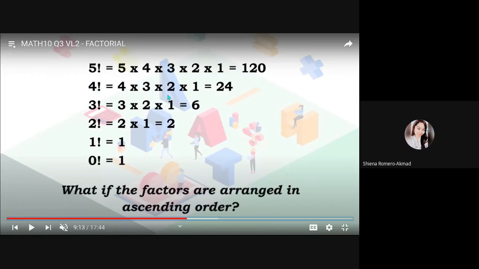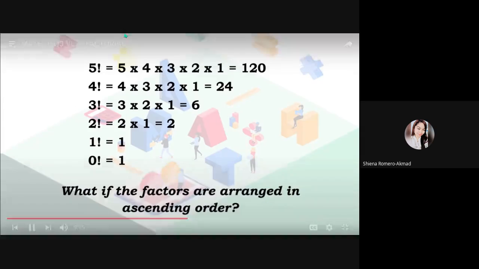Kunwari nauna si 1, si 2, si 3, si 4, si 5. Kunwari pinaliktad ko, naging 1 times 2 times 3. What is the product of 1 times 2 times 3? 6, ma'am. 6. Still, it gives us the same answer.